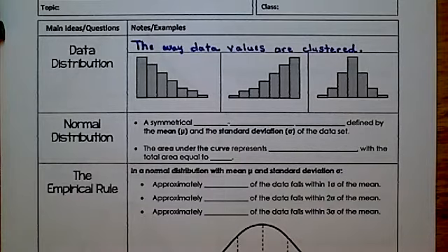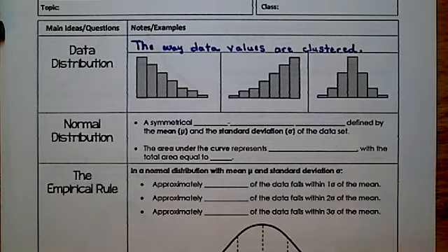Hey class, today we're going to focus on the empirical rule. So we're going to start off looking at what's called data distribution. Okay, with data distribution, we can see how data values are clustered.